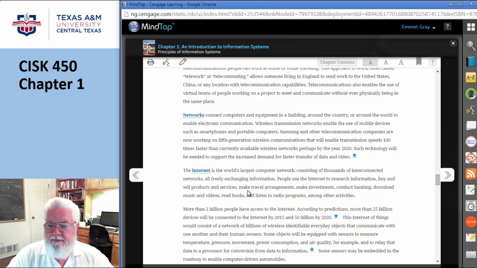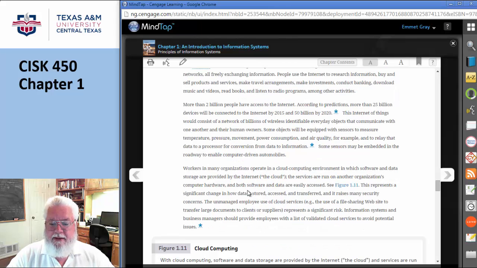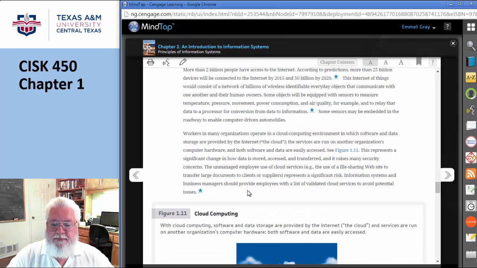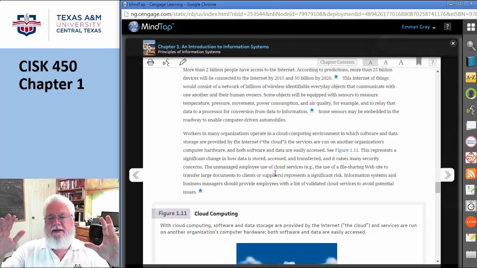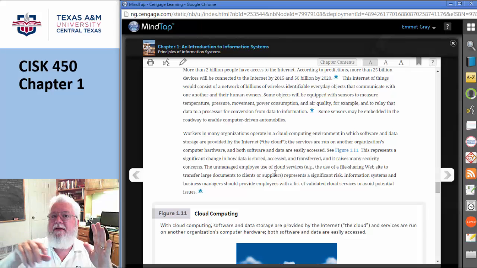Just a discussion here talking about the web. Everyone knows about the web, right? Cloud computing, we're going to be talking about cloud computing until you get tired of it, so I'm going to skip that for the time being. But the World Wide Web is actually a subset of the Internet. The Internet is this big thing. The Internet has lots and lots of stuff.